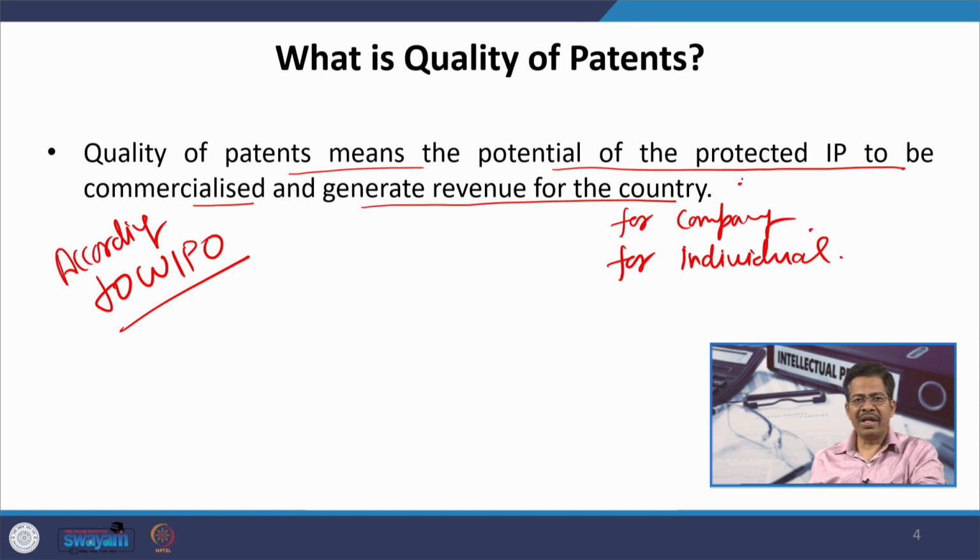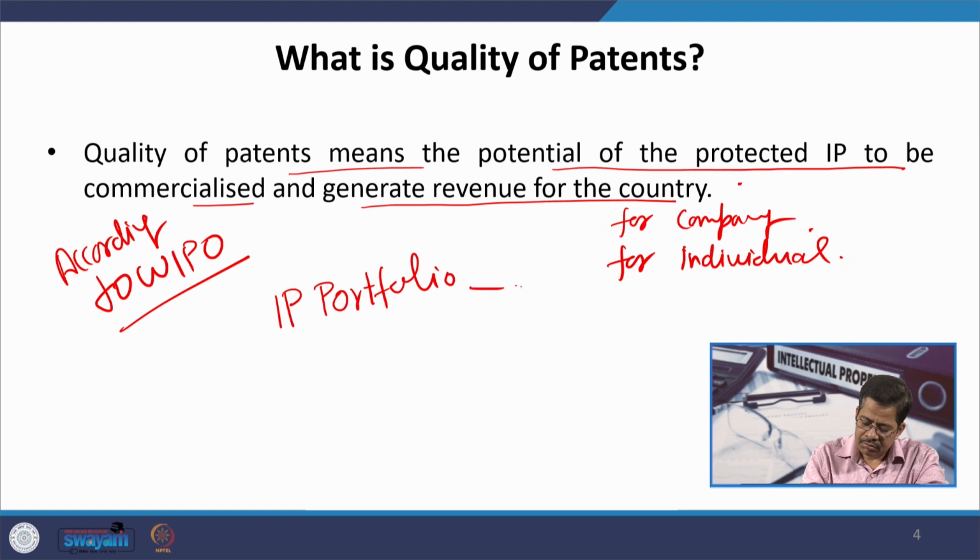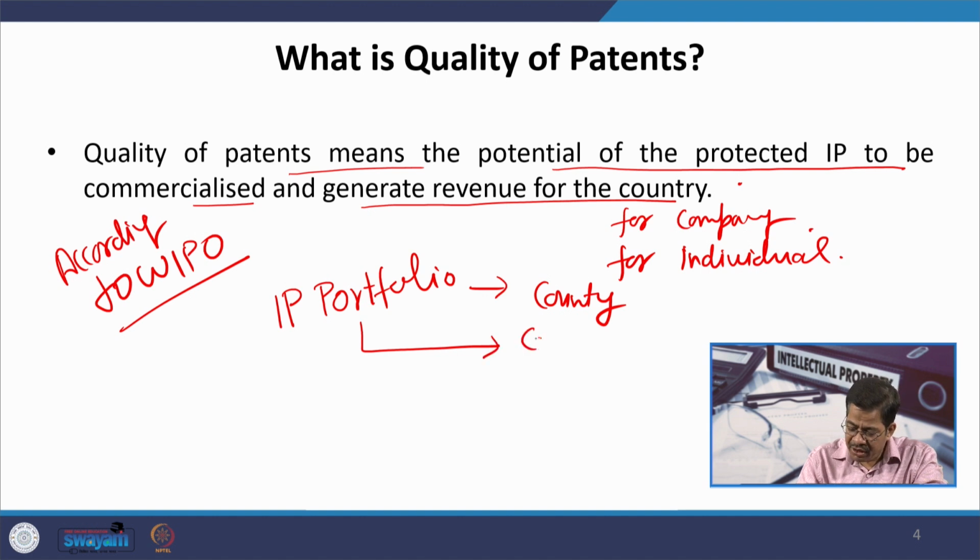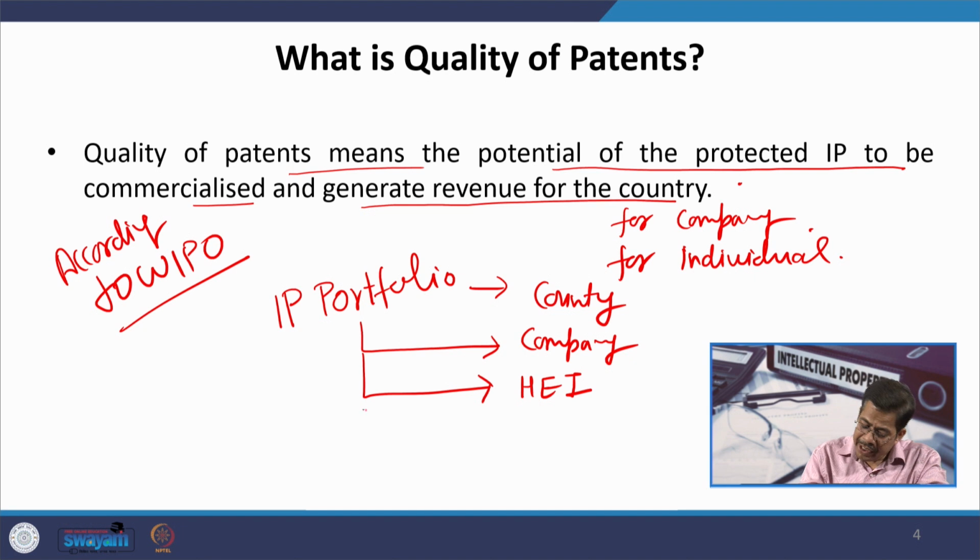So, you can see IP portfolio. Interestingly, a country may have an IP portfolio, an IP portfolio can also be owned by a company, by an educational institute, and in some cases also by individuals.